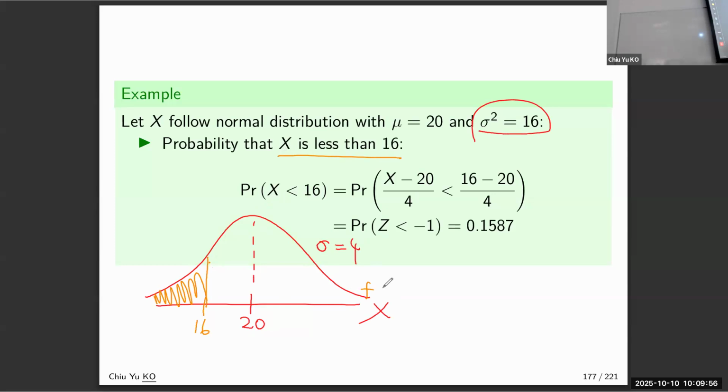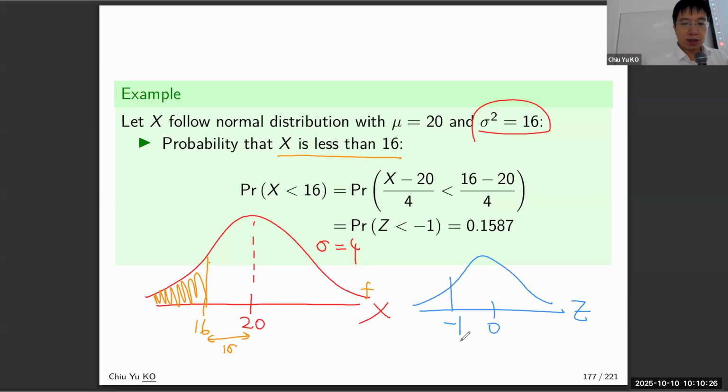Or asking, what's the probability that the random variable following the normal distribution will be less than 1 SD below the mean? Because this is actually 1 sigma here. So 1 SD, 1 sigma, and if you convert, 0 is here and this is -1, and it's the same area.